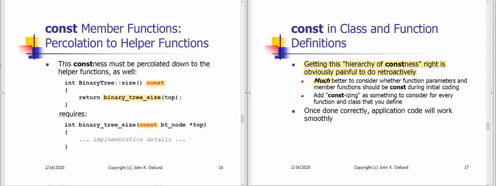It's much better, now that you know about const, to be consistent and careful about using const at every level as you build up your hierarchy of helper functions and member functions.